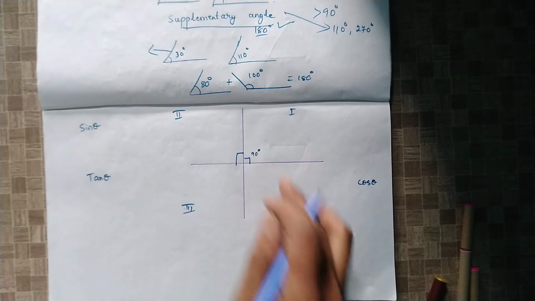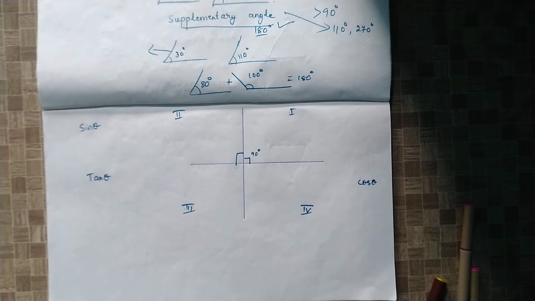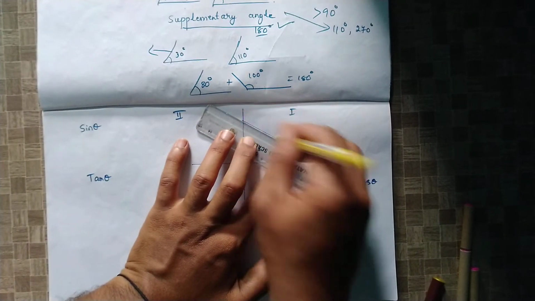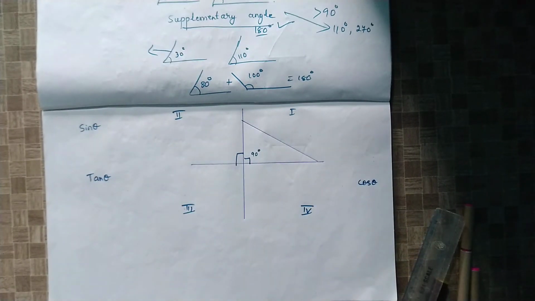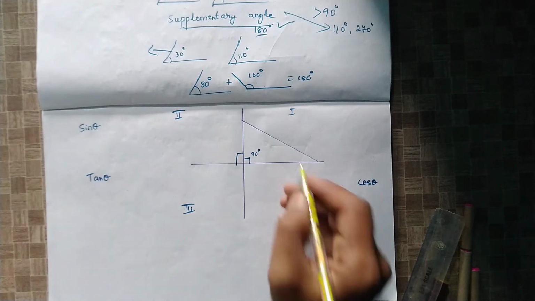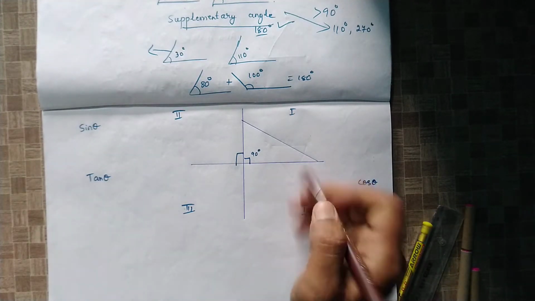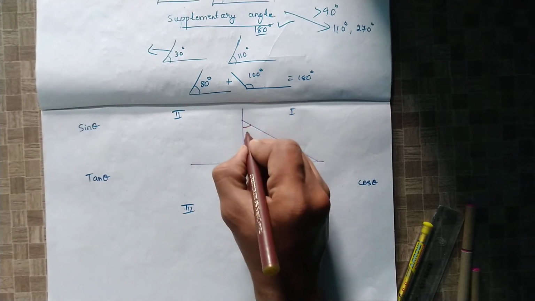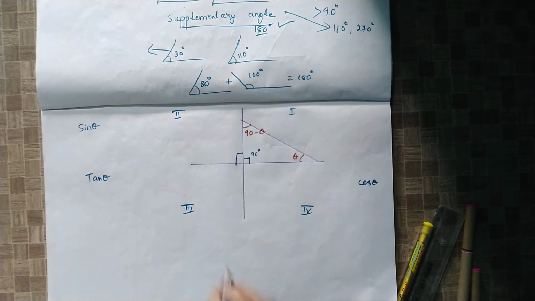Let's begin. In the first quadrant, I draw a straight line like this. Now it becomes 90 degrees, it becomes theta, and it becomes 90 minus theta.